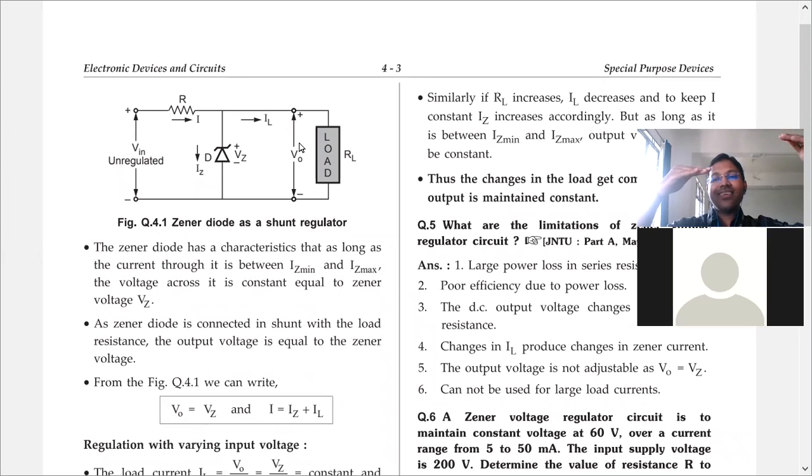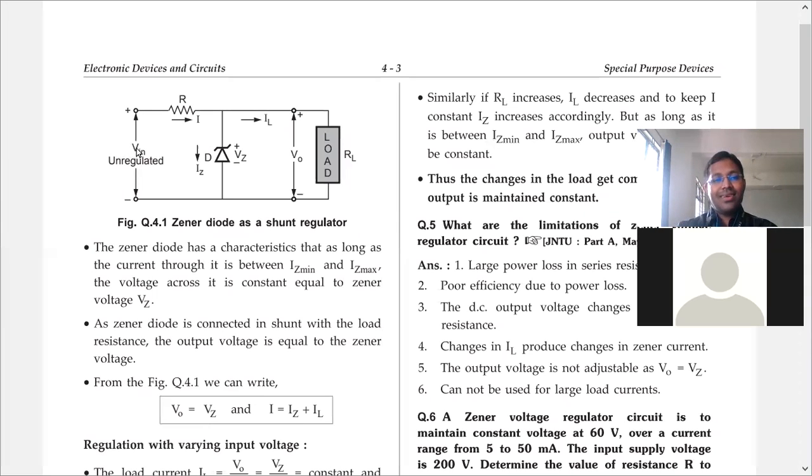Case 2: if the supply decreases, how is the output maintained constant? If you analyze these two cases, then we can be sure that this circuit will maintain constant output voltage. And what is the mechanism behind it?